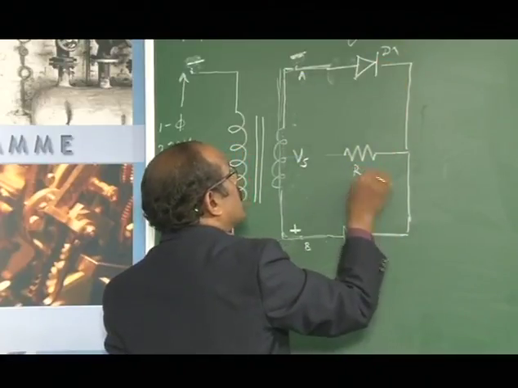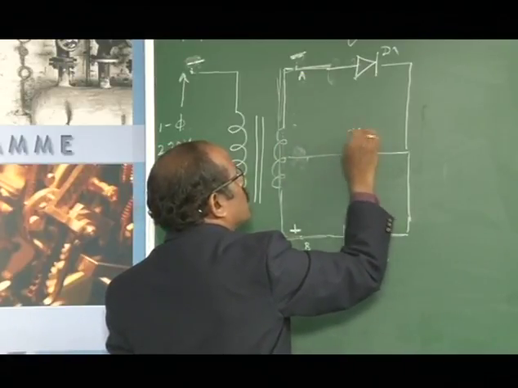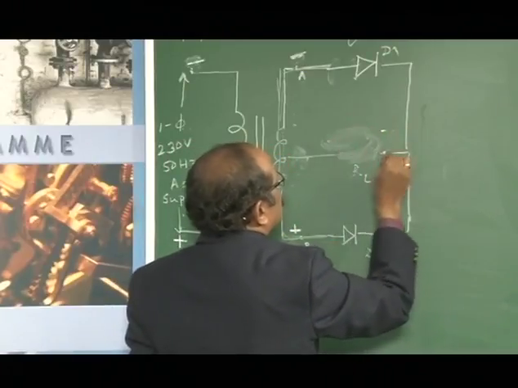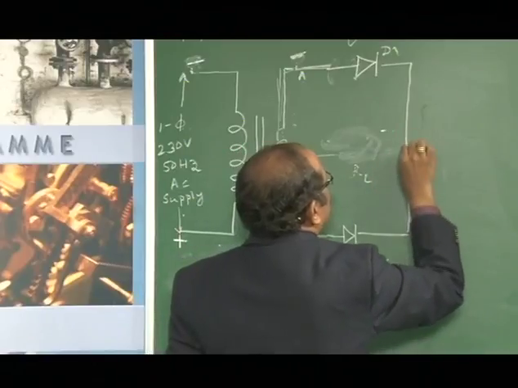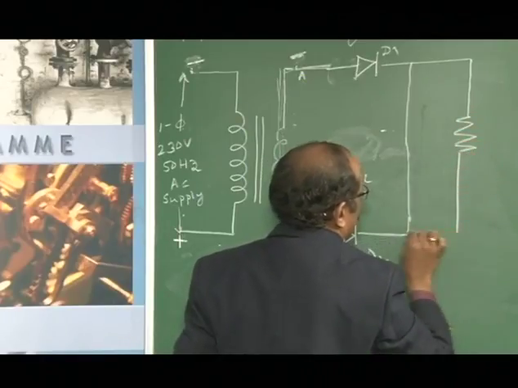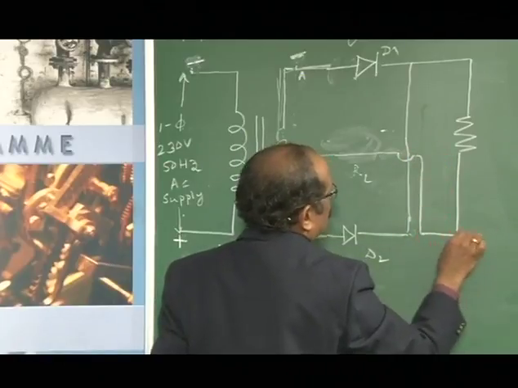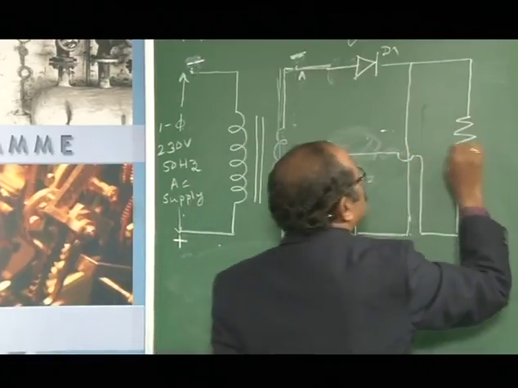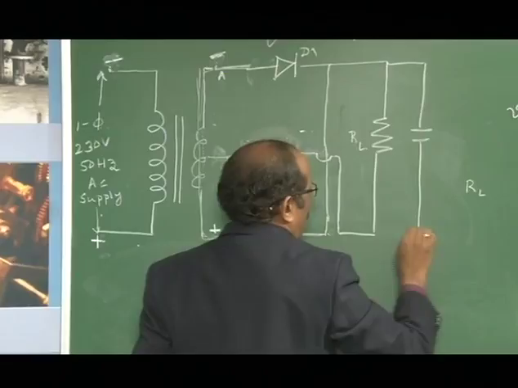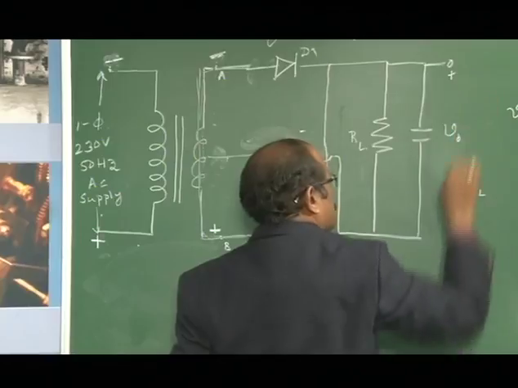This is resistance RL, and this is the output V naught. Across this RL we will connect a capacitor filter, and this will provide the output voltage V naught here.